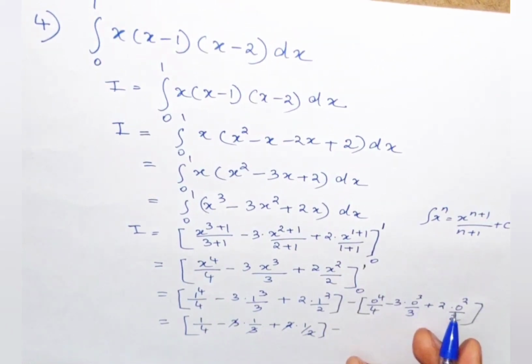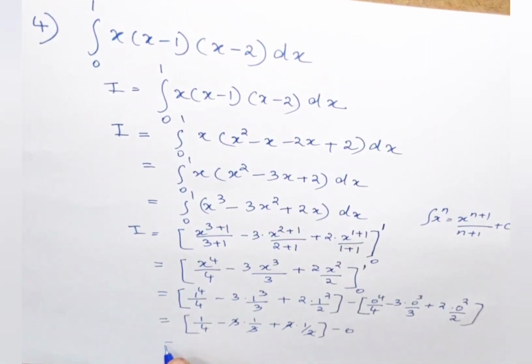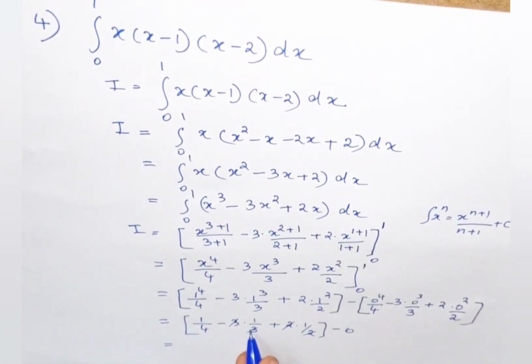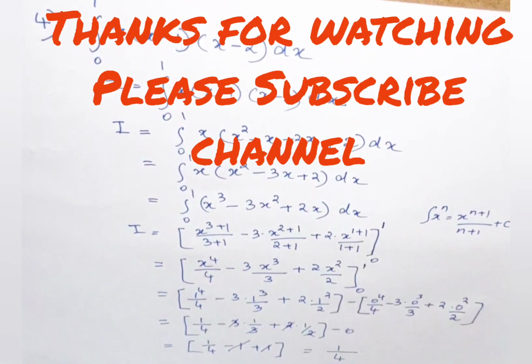Minus 0 to the power of 4 is 0, and 3 into 0 square, every term becomes 0. Now we have to substitute whatever we got. So we have 1 by 4 minus 1 plus 1. This is remaining. We can cut minus 1 and plus 1. So 1 by 4 is the answer.